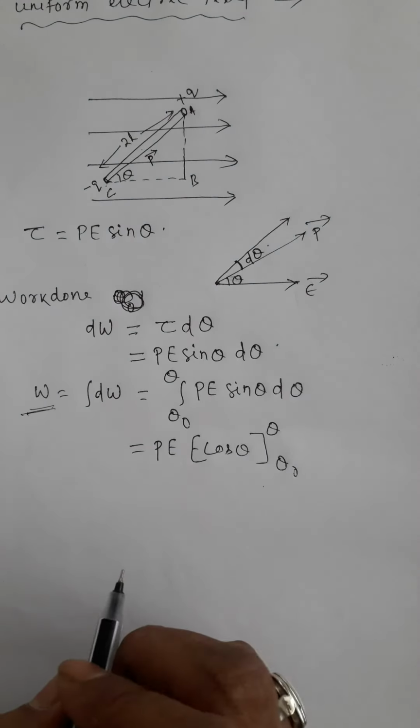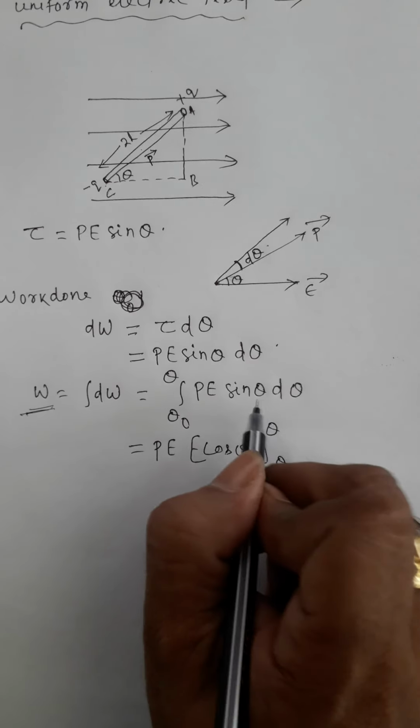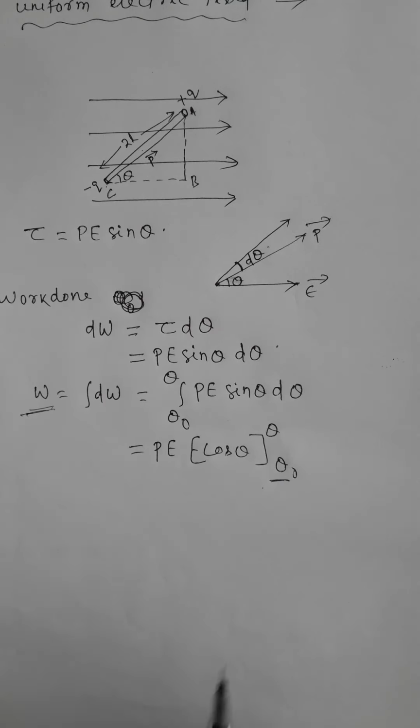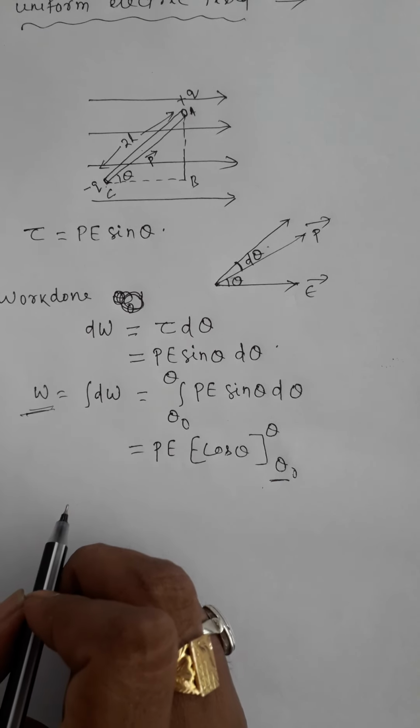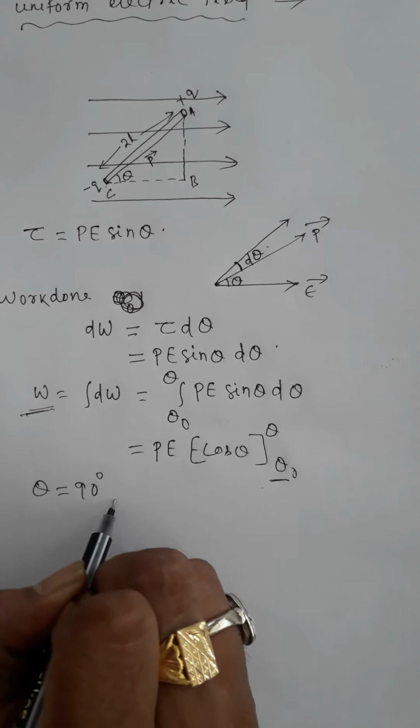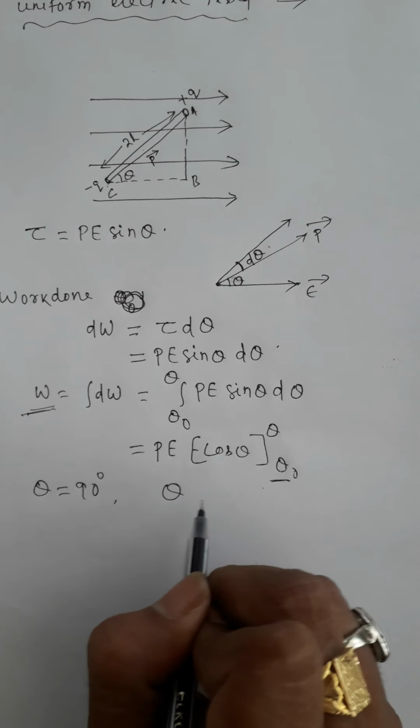If the initial direction of the dipole, that is theta 0, is perpendicular to the field, then theta 0 is equal to 90 degrees, and the final orientation is theta.